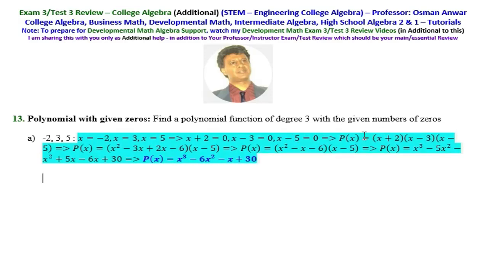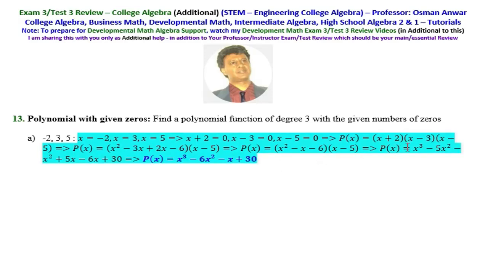That means the polynomial is p of x equals x plus 2 times x minus 3 times x minus 5. And that is p of x equals x squared minus 3x plus 2x minus 6 times x minus 5. So p of x is then equal to x squared minus x minus 6 times x minus 5.